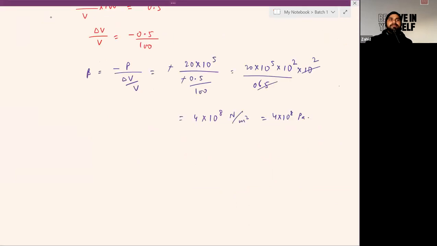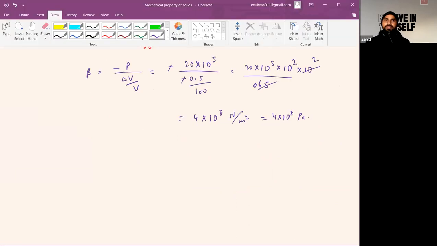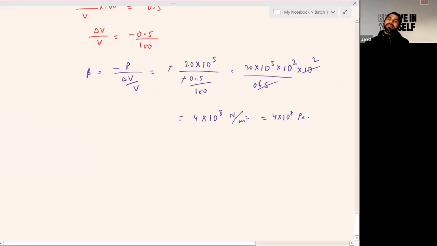Now, the next term is how to calculate fractional change in radius by applying some pressure on it. We can write volume equals 4 by 3 pi r cube. Taking the differential of volume as well as of r cube, according to the rule, we can write delta V by V equals 4 by 3 pi, which is constant, so just neglect it.